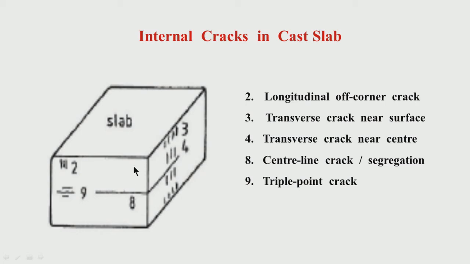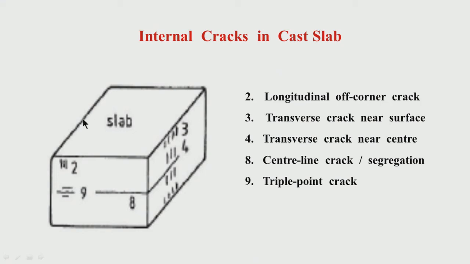it is a diagonal crack. So, depending on the location, if it is at the diagonal location, it is a diagonal crack. If it is the center line, we call it a center line crack. If it is at the triple point, we call it a triple point crack. If the location is near the corner, not exactly at the corner, slightly off from the corner, we call it off corner longitudinal crack. If you have crack at the corner itself, then we call it longitudinal corner crack.